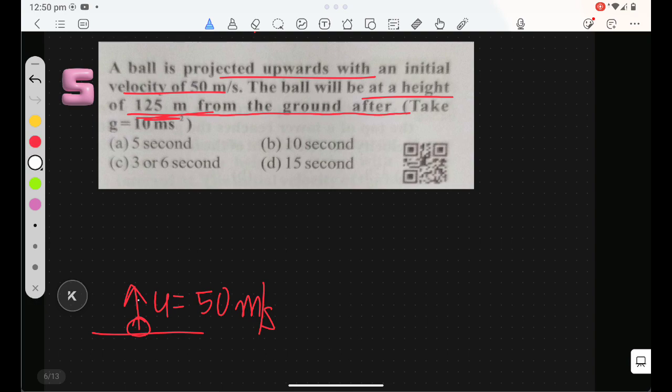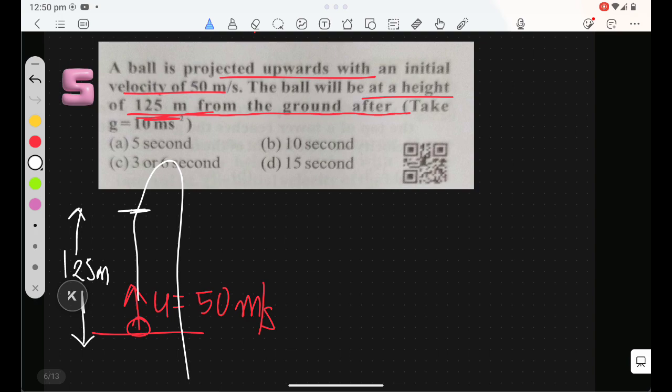If you look carefully, if I draw the path, let's suppose this is the height of 125 meters. What is the time when it will reach this particular point of 125 meter from the ground? At this point we do not know the final velocity. So we will use the second equation of motion, s is equal to ut plus half at square.